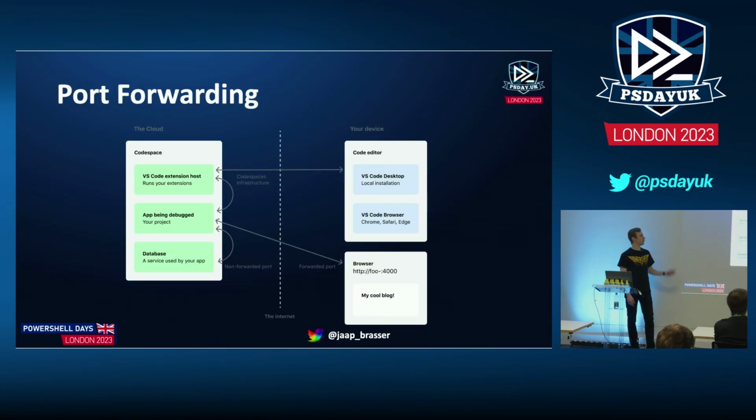Then the part that I already talked about and showed before in VS Code with the port forwarding. The port forwarding can also be set up for Codespaces. So if you're running something in a Codespace, you can also redirect those ports so you can access whatever you're running there.